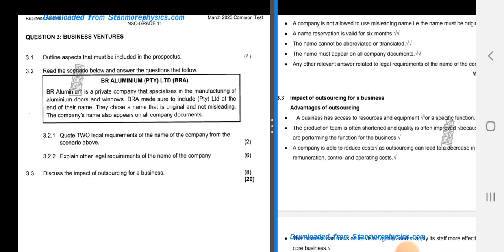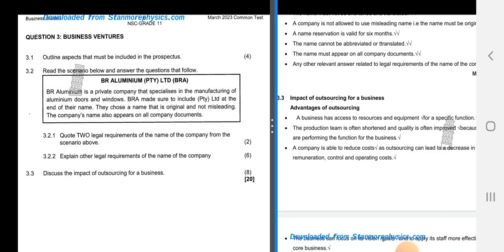So if they say impact, it can either be a positive or a negative impact. So if they say impact, you can choose to write the advantages of outsourcing or the disadvantages. But if they had said negative, you would write the disadvantages of outsourcing. Or if they had said positive, you would have written the advantages of outsourcing.